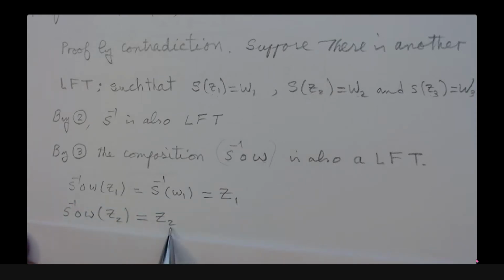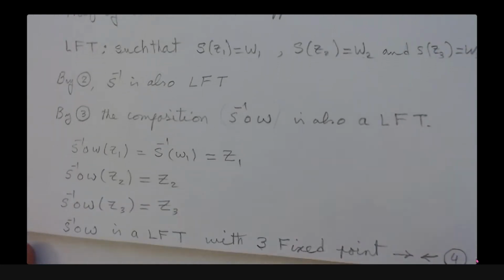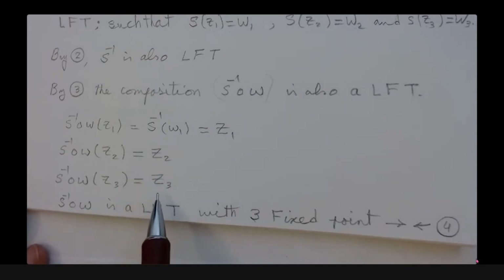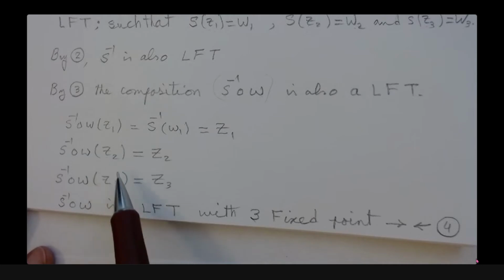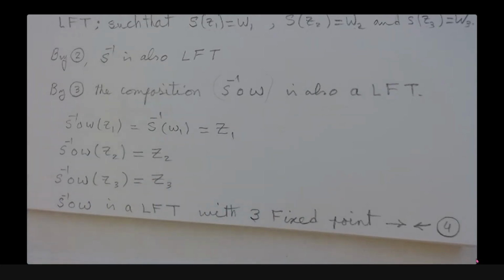Z2 also will be a fixed point. And Z3 will be also a fixed point. And this is contradiction because a linear fractional transformation cannot have three fixed points. That's observation number 4. All right, cannot have these 3 fixed points.